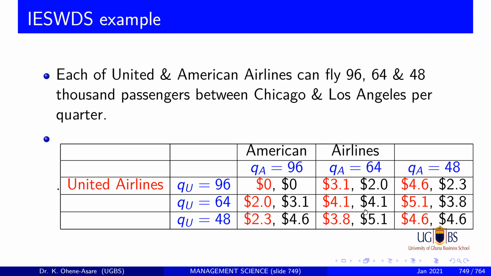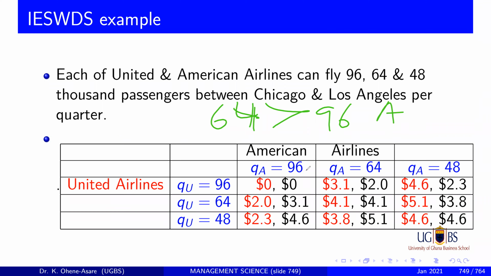So in all respects, 64 strictly dominates 96. That's what you can say for American: 64 strictly dominates 96 for American.